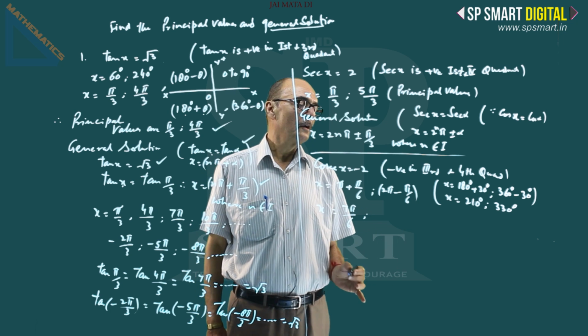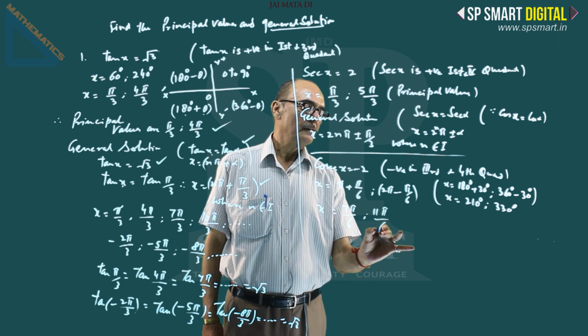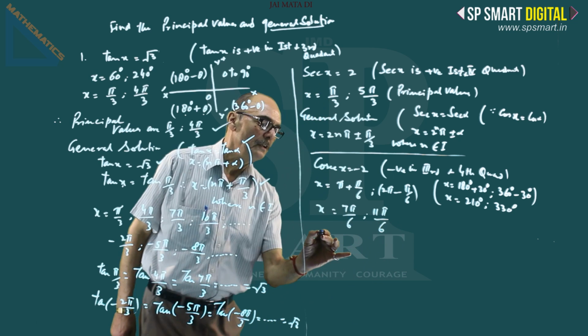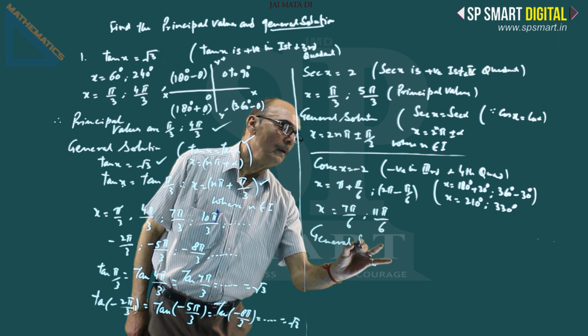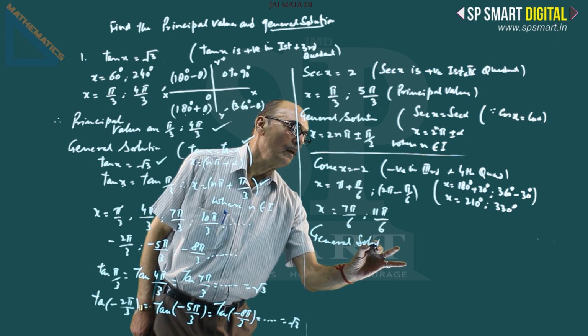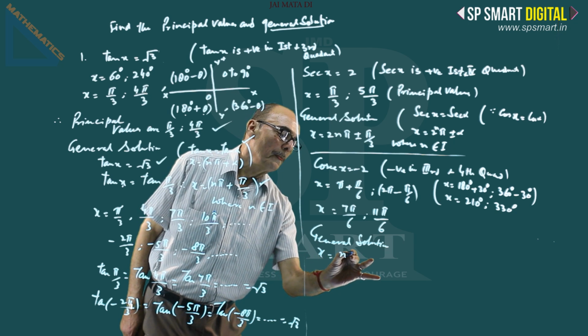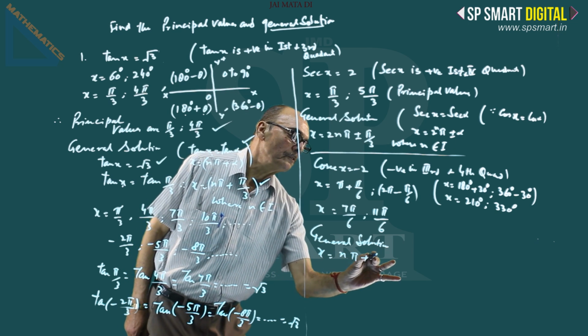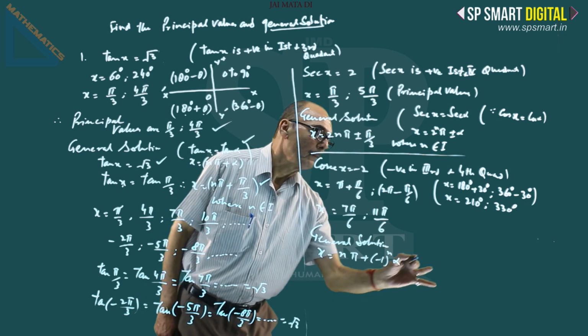So, the general solution is x equal to n pi plus minus 1 raised to power n into alpha.